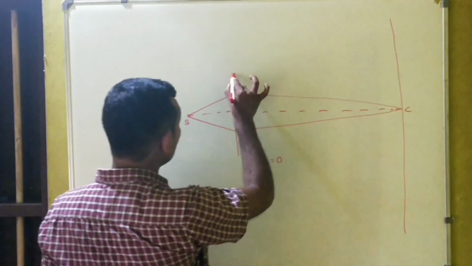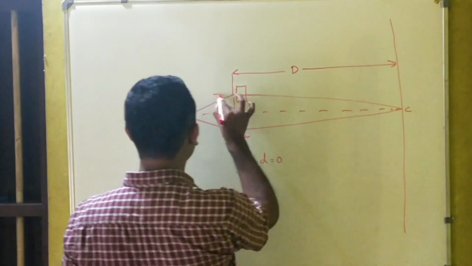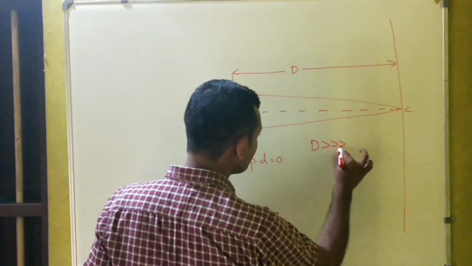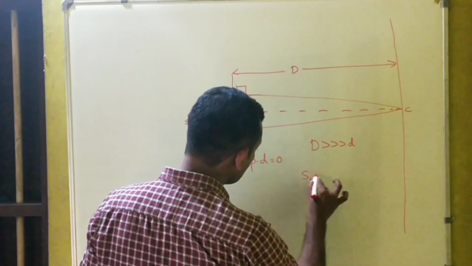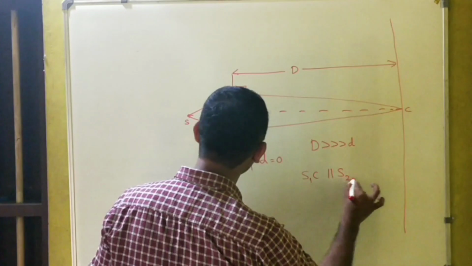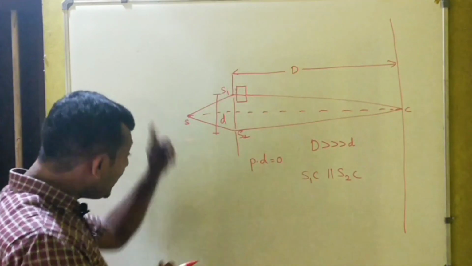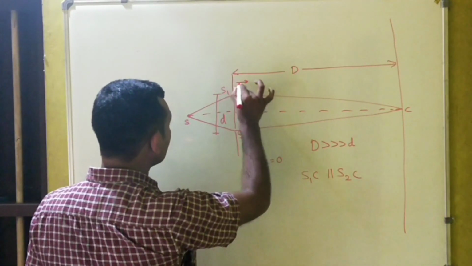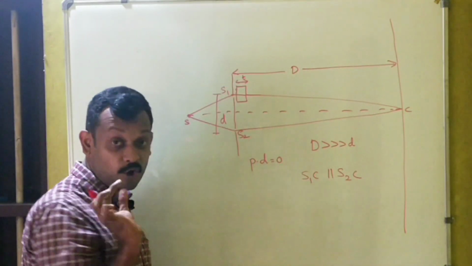Capital D is much greater than small d. That means S1C is parallel to S2C, right? If I draw this diagram, let me take the thickness as T. Thickness I am saying T, not the time.